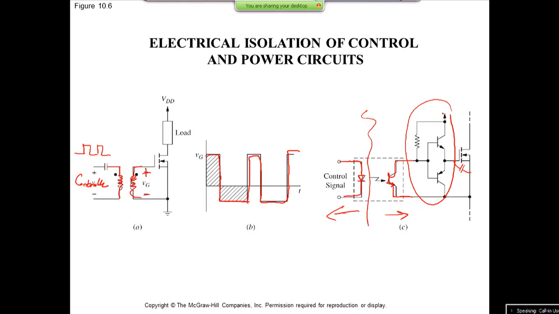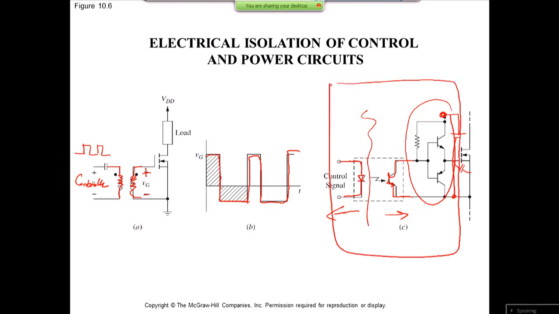You have your own power supply over here, which is connecting here to here. But the whole thing is isolated from your controller through an optic couplers. Okay, so you can see optic couplers are also available on the market, and sometimes this whole thing is integrated together, so you don't have to buy two separate chips. One of them is the optic coupler, the other one is the gate driver. They are combined together, and you can just use them.